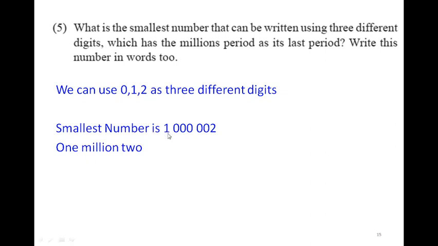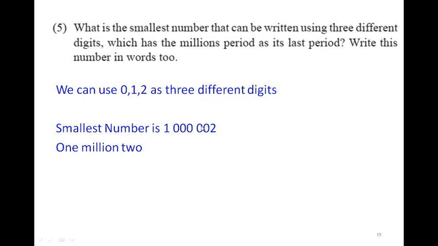So we will put the 1 at the millions period, and we'll put 0 for all the rest. What is the next number that we have to use? We have used 1 and 0. Then we have to use 2. Now let's consider where to put the 2.